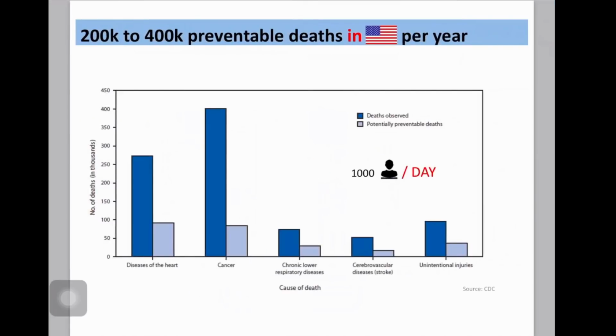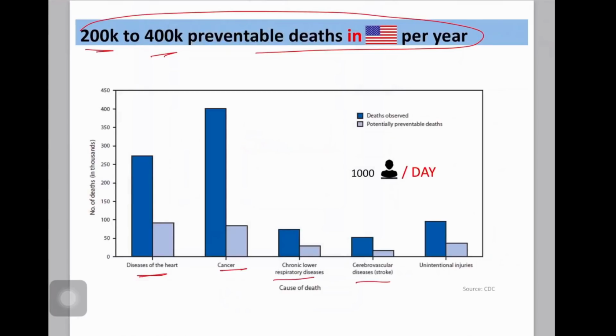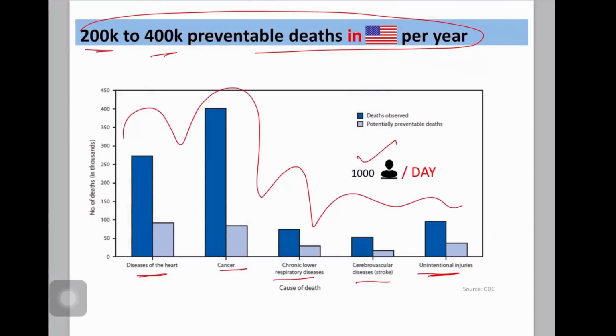And this is what I was just saying, around 200K to 400K preventable deaths every year in the US. And this is the chart you see: disease of the heart, cancer, chronic lower respiratory disease, stroke, and some unintentional injuries. More than a thousand people die because of these preventable deaths.